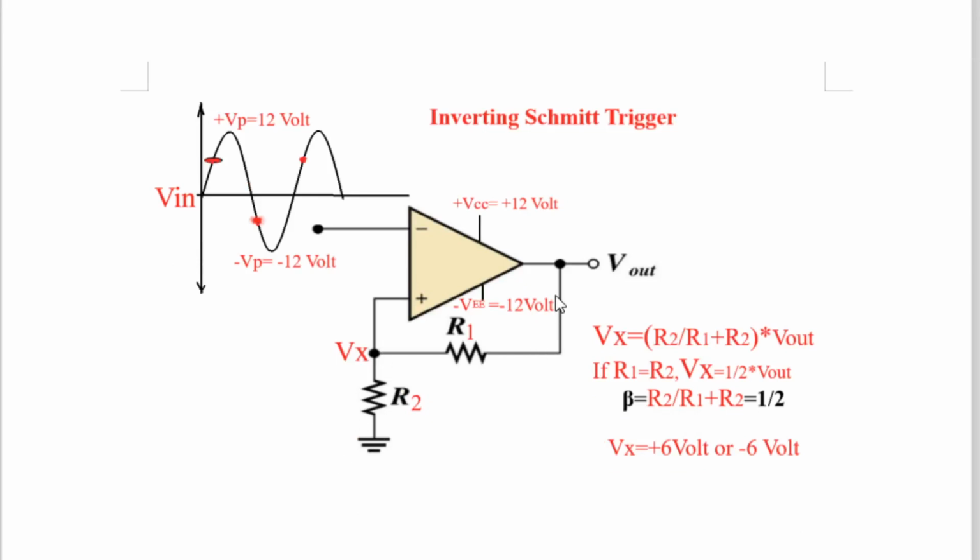See here, as soon as the output goes to HVL, this becomes plus 6 volt. Now here the voltage is going on decreasing: minus 7 volt, minus 8 volt, minus 9 volt and minus 12 volt. So here this is plus 6 volt. Even though it is minus 12 volt at this point, if you compare minus 12 and plus 6, plus 6 is greater than minus 12 volt. Therefore, the output will continue to remain in HVL.